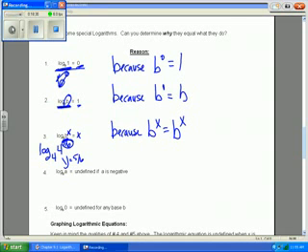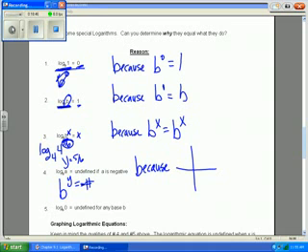Okay, number 4. Why is this undefined if a is a negative number? And we just had that discussion. The reason is because, remember on your exponential functions, your range is from 0 to infinity. 0 is not included.